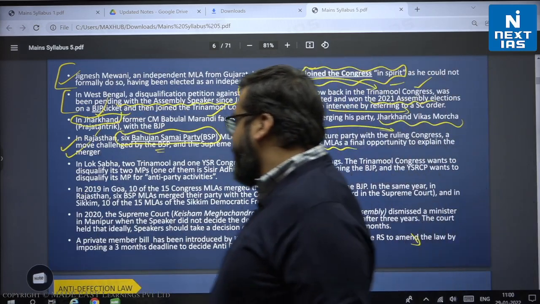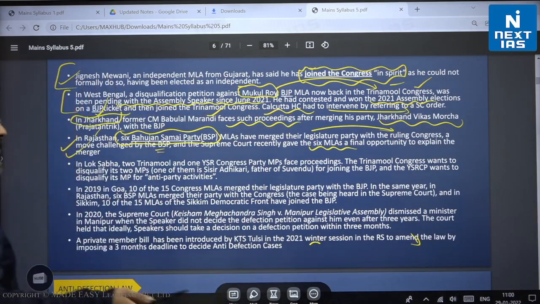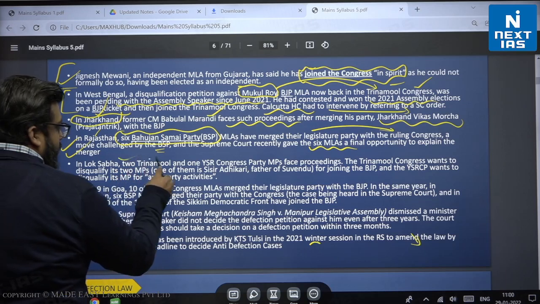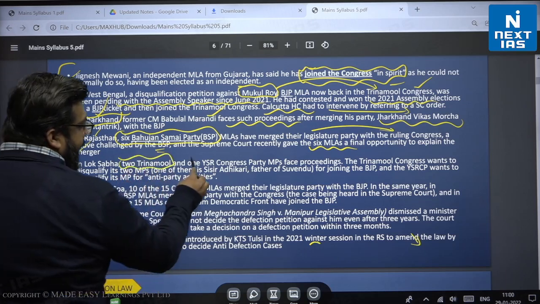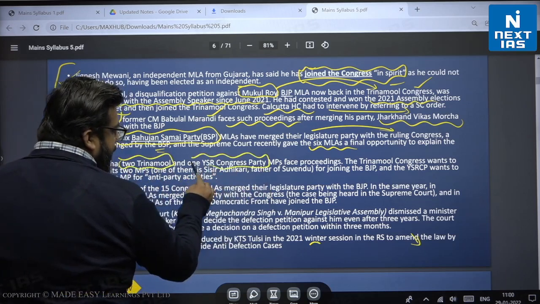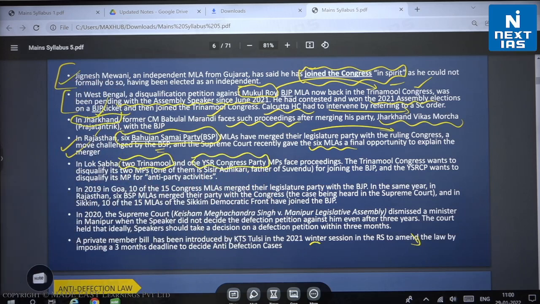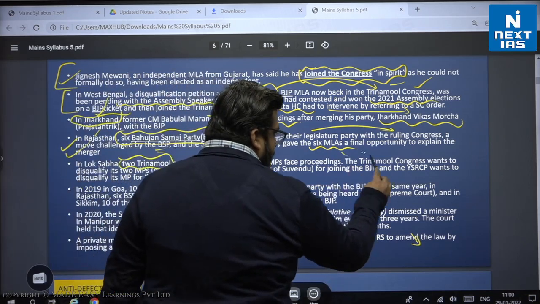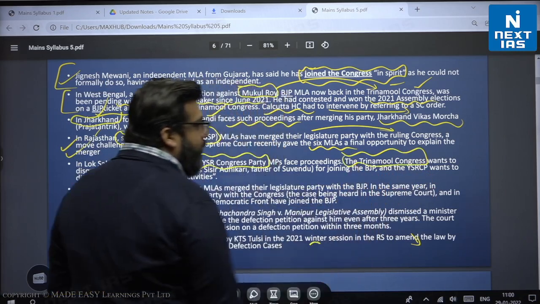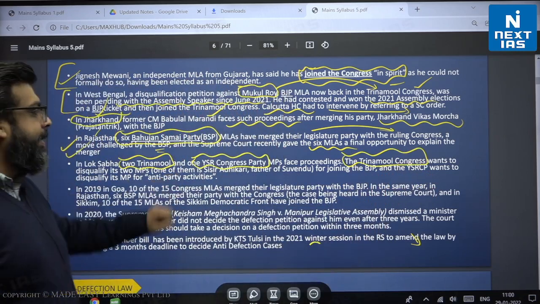So that's the issue. Now this is also an issue with Trinamool Congress in Lok Sabha. So 2 Trinamool Congress MPs and 1 South Indian party, YSR Congress party, MPs are also facing similar proceedings. So basically, the Trinamool Congress wants to disqualify 2 of its MPs.